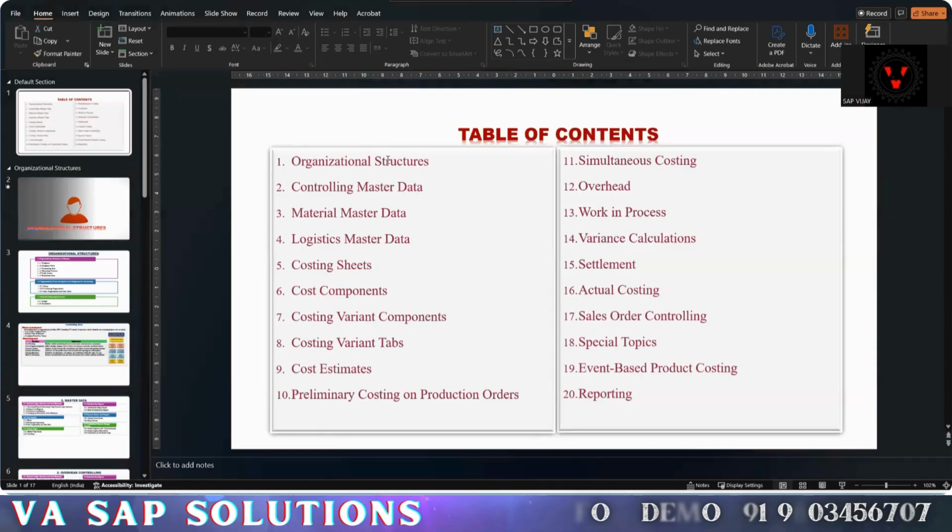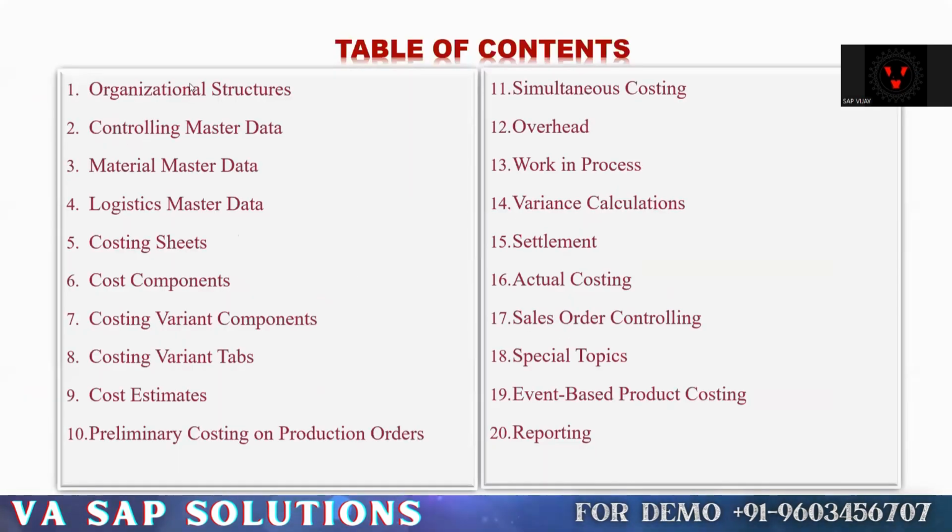So actually in controlling, we'll have different types of steps that our controlling deals with: product costing, profitability analysis, and different types of things.